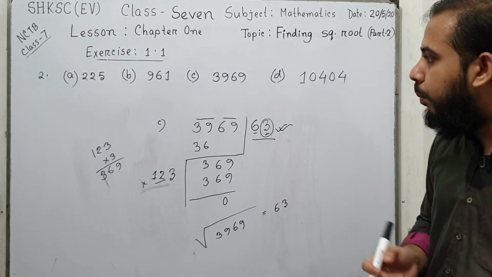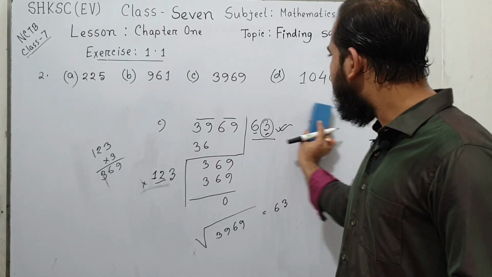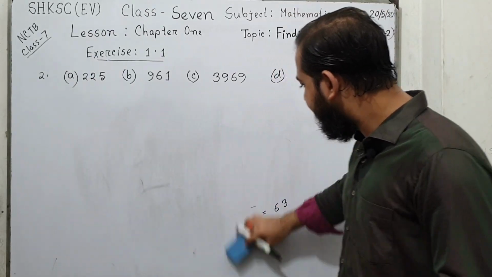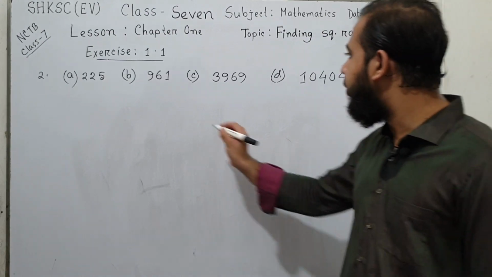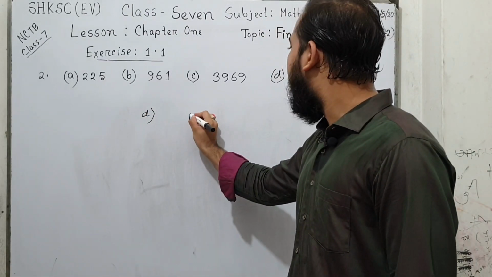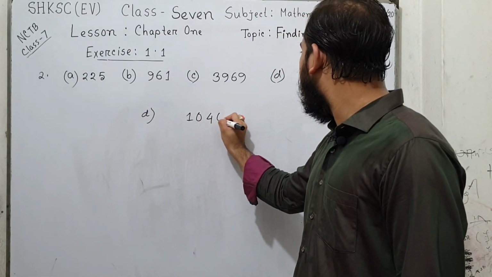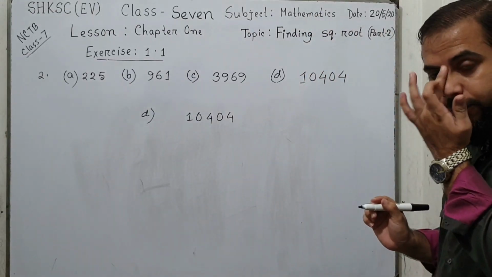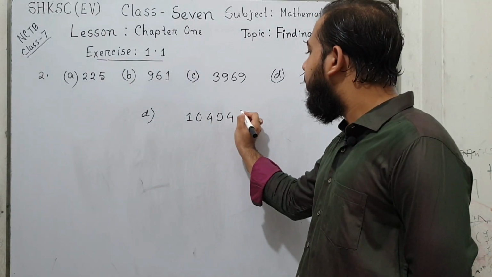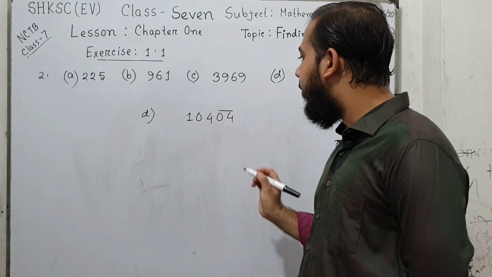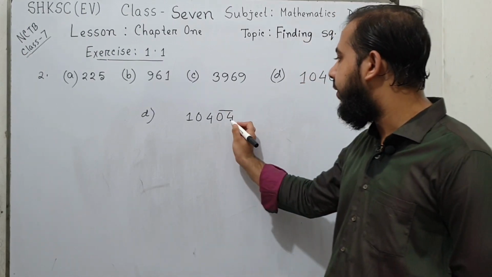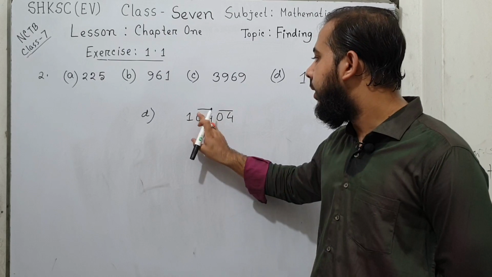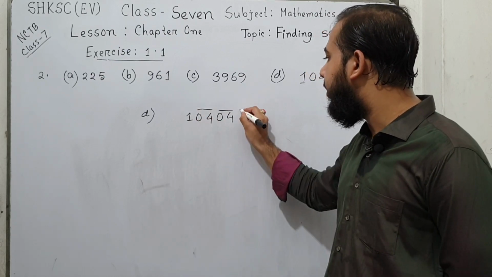Okay, now let's move on to the next problem. Problem number D. We will do a 5-digit number now. 10404, that is 10,404. Now again we have to make some pairs from right side to left side. At first we can find 2 pairs, and the number is a single digit here.